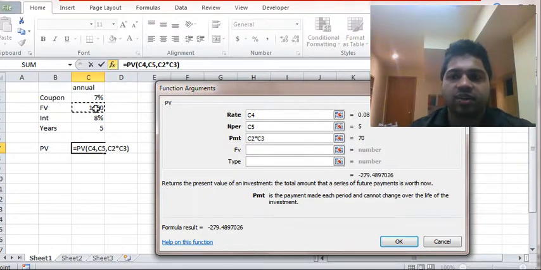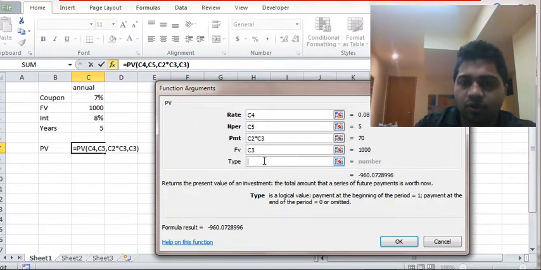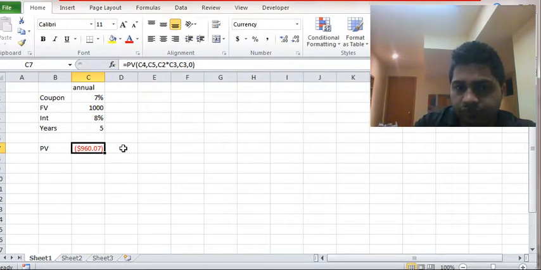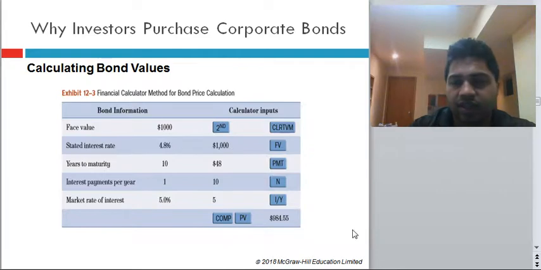Coupon payments per year is always coupon rate multiplied by face value. Future value is face value. Type of the bond is 0 always. So 960 is the price of the bond. This is how you calculate it. You put it in your calculator and do it.